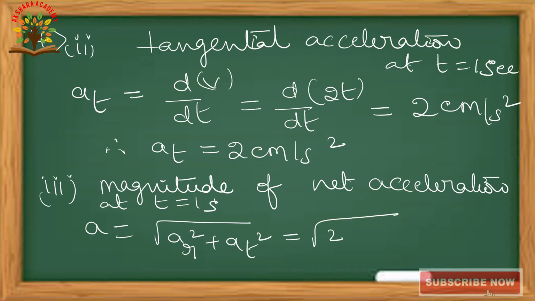So square root of 2 square plus, a_t nothing but here also 2, a_r not 2, we are getting 4, whole square.